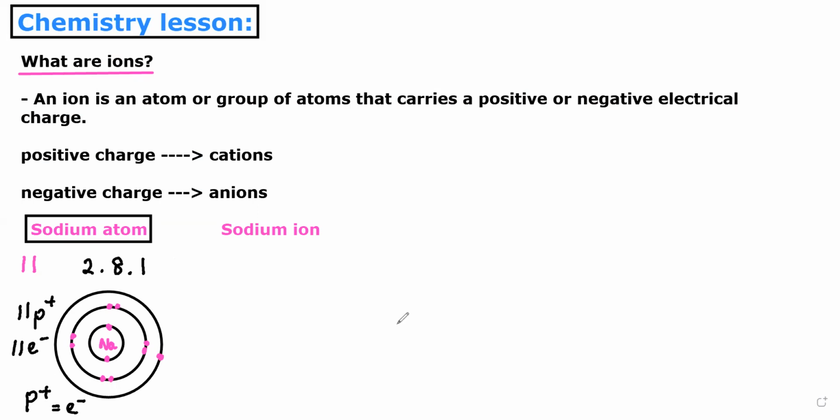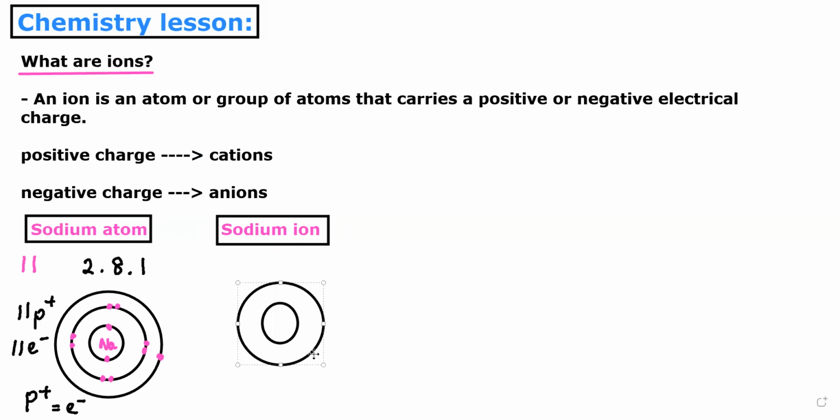Now let's move on to sodium ion, how it is going to be formed. An ion carries the electrical charge. So what will happen? Sodium will lose its 1 valence electron.